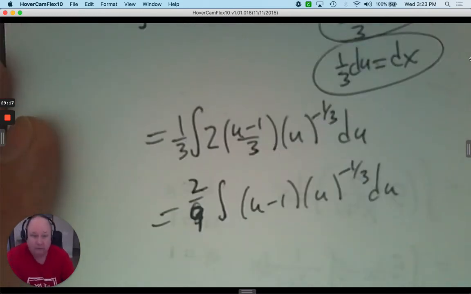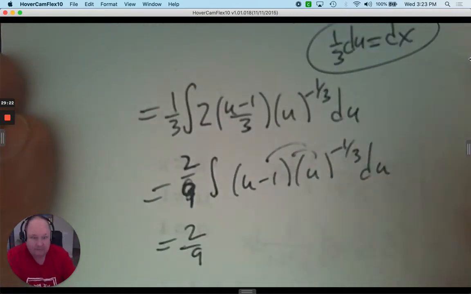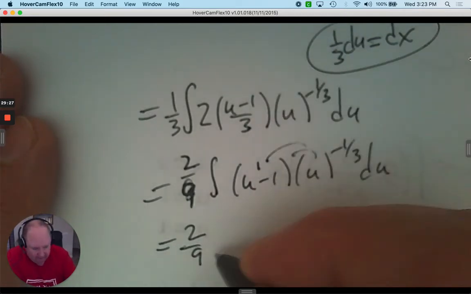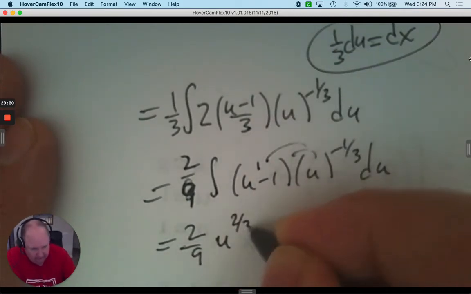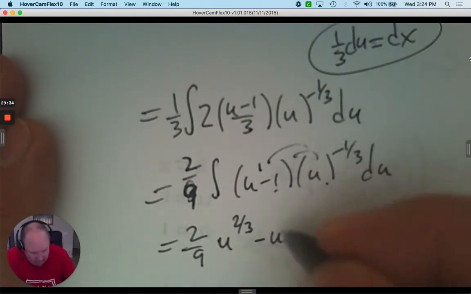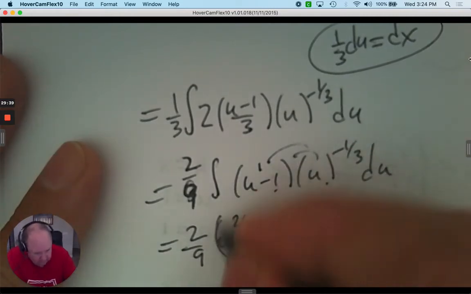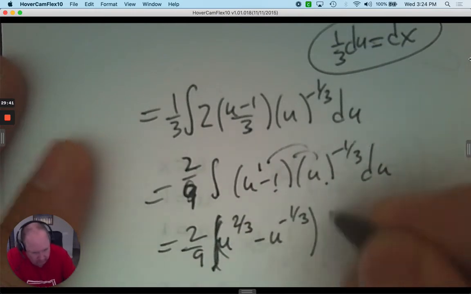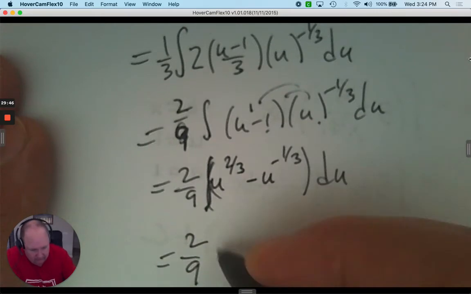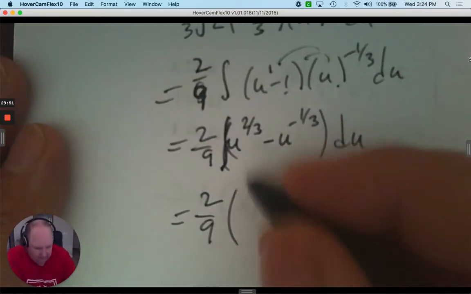And now let's do some work. So now I need to do algebra. So we have 2 over 9. When I multiply, I'm going to add to the exponent. So 1 and negative 1/3, if I add them together, that's positive 2/3. Negative 1 in this is just negative u and negative 1/3. And now I just have to add 1 to the exponent and divide.